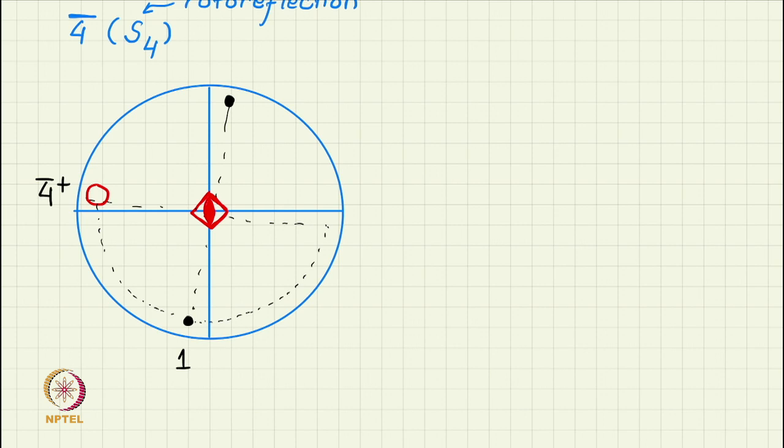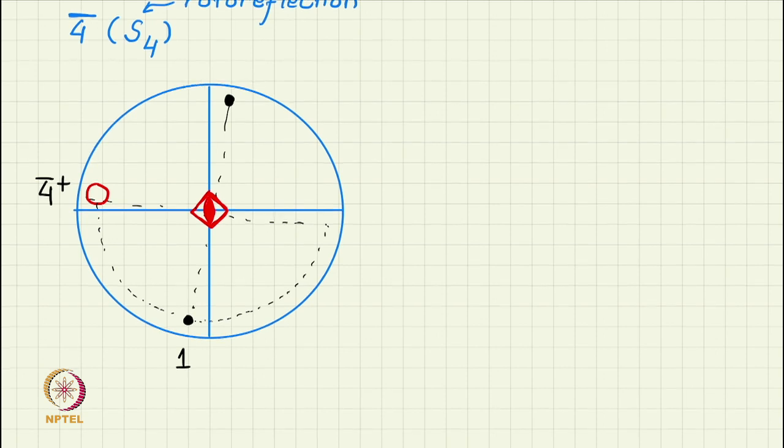You can see that although we have applied 4 bar plus 2 times, so we could have written it as 4 bar plus square, it actually becomes nothing but a 180 degree rotation. So, we will use the notation 2.